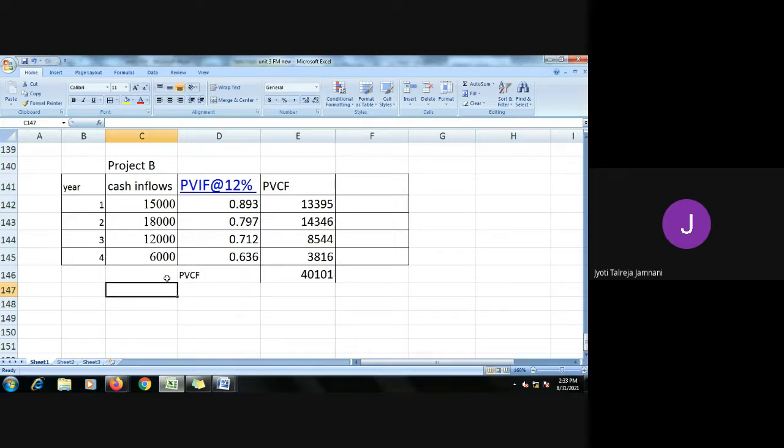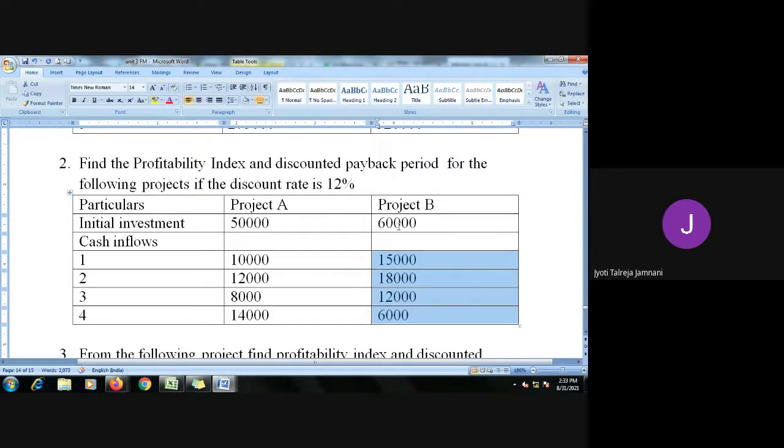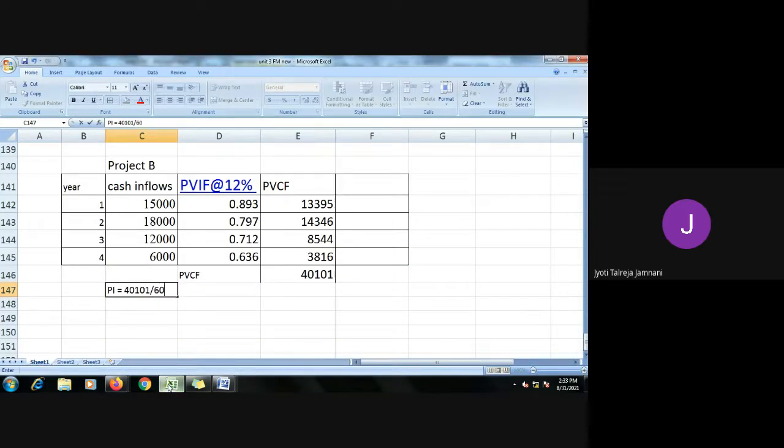Now we can find the profitability index. PI is equal to present value of cash flows 40,101 divided by initial investment. Investment in project B is 60,000.